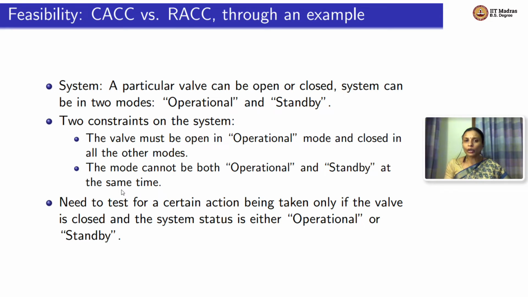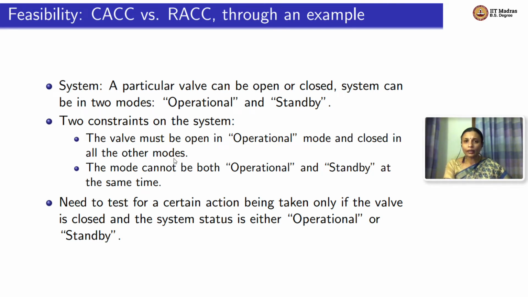There are two requirements which are given as constraints on this system. First requirement, which is given here, says that the valve must be open when the system is operational and closed in all other modes. Is this clear? The valve must be open when the system is in operational mode, and the valve must be closed in all other modes.